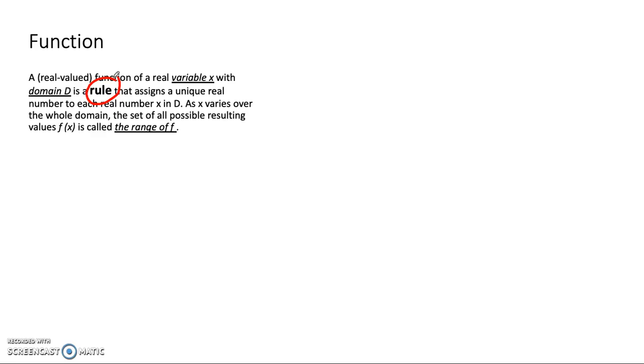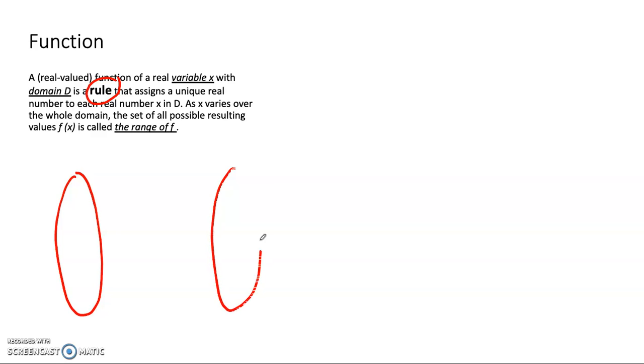As an illustration, if we have a set of variable x and variable y. So this is x and this is y.